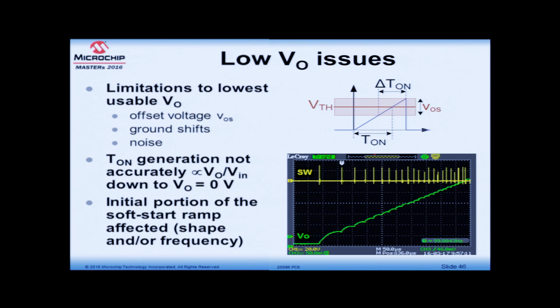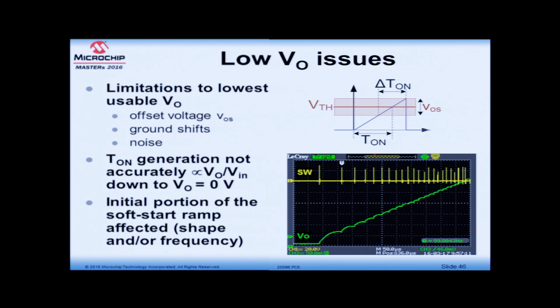Let's look at the low output voltage issues first. There are limitations to the lowest usable output voltages. I said the offset voltage generates an uncertainty band around the switching threshold, as well as ground shifts and noise.